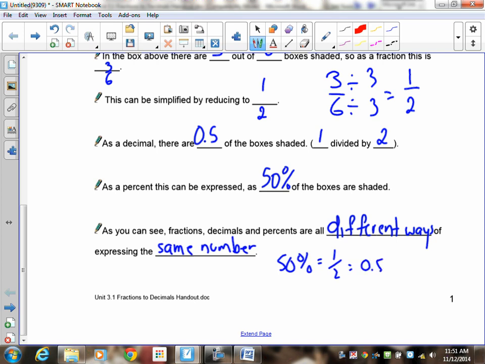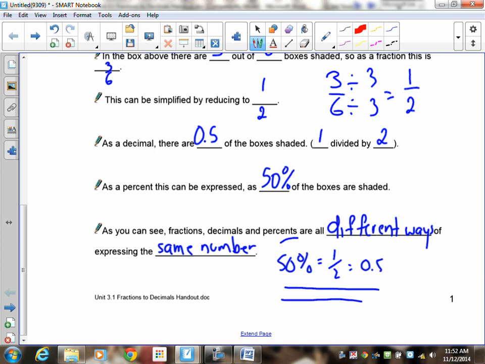Now normally you don't put more than one equal sign in something like that because you can't have an equation with 2 equal signs, but this shows you that these 3 things are exactly the same thing. So since we know they're all the same thing, our next goal is to get you, the student, to be able to go from any one of these given to you to any of the others.